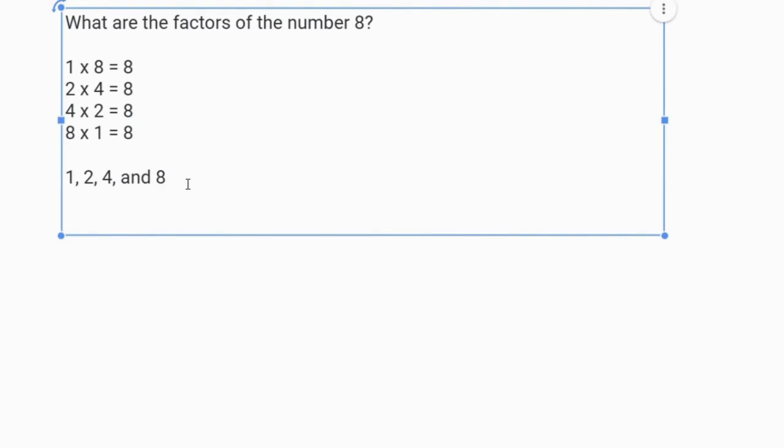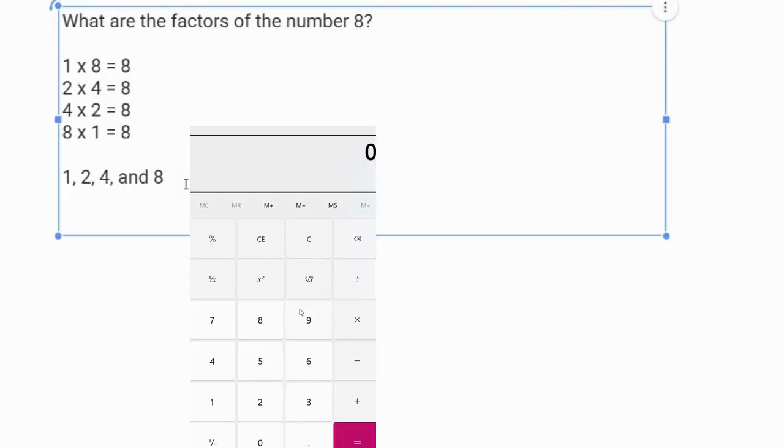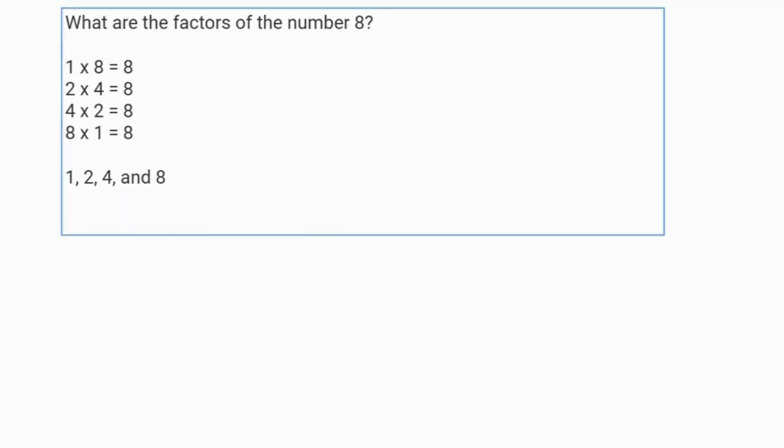That sounds like a lot of words, but basically what I mean is if you divide 8 by 8, which is a factor, you get 1, which leaves the remainder 0 because you have a whole number right here. Okay?